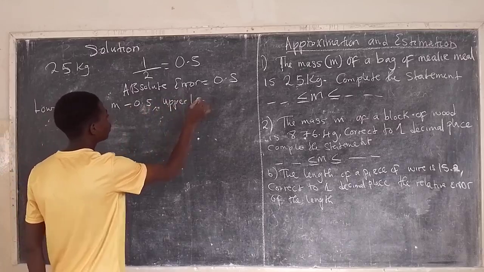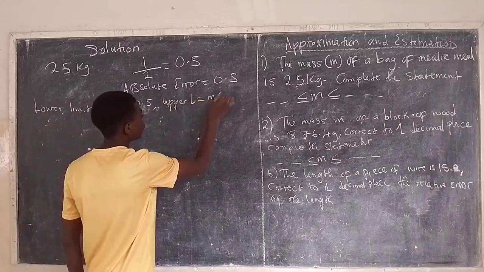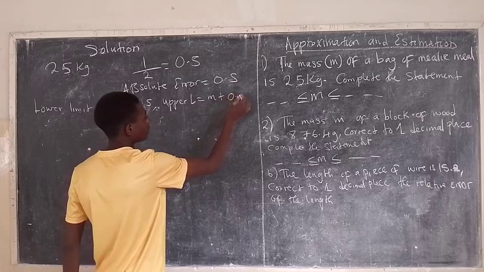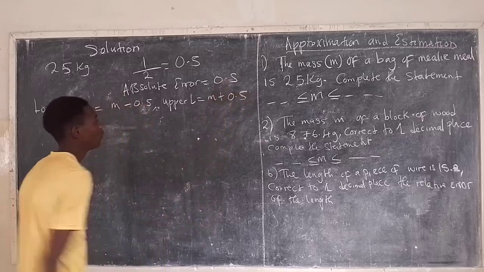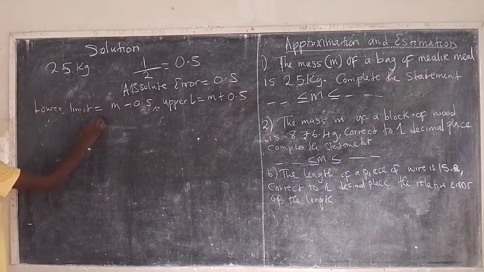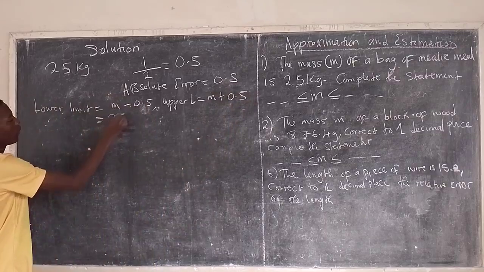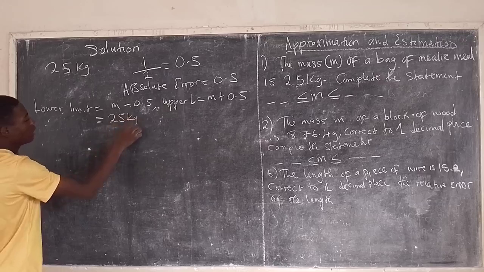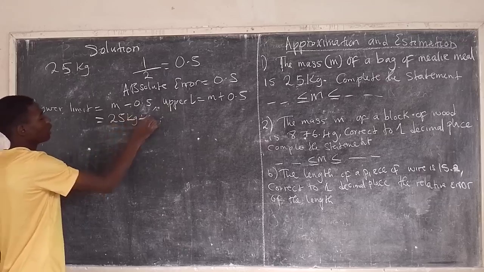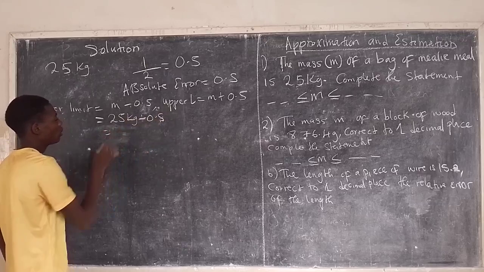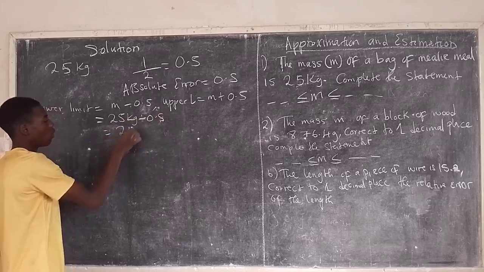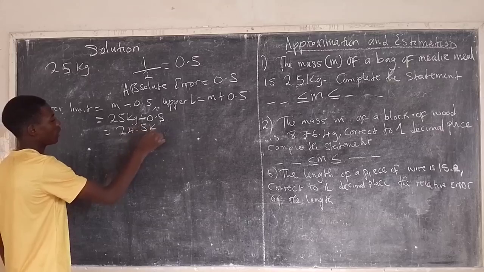We also have the upper limit. The upper limit should be equal to the same mass, and we add this time 0.5, the same one. So if we have this mass, a 25 kg, we subtract 0.5, we are going to get 24.5 kg.